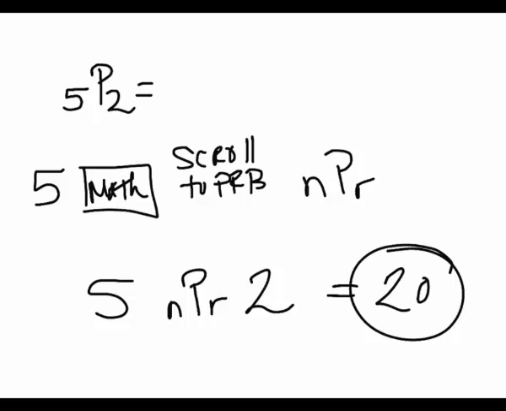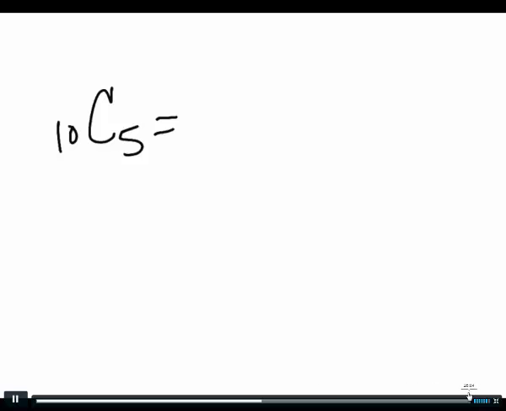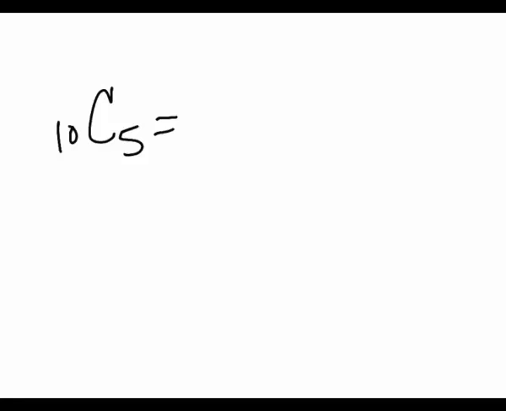Okay? Let me clear this off. So if I had 10C5, I have 10, I have no idea, shirts. And I want to know the different combinations if I chose 5. So I'm just choosing 5 different ones every time to find out how many combinations of shirts I could put in my suitcase or something like that. If you did that, same thing.